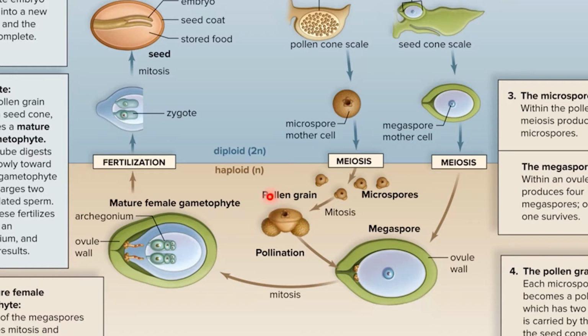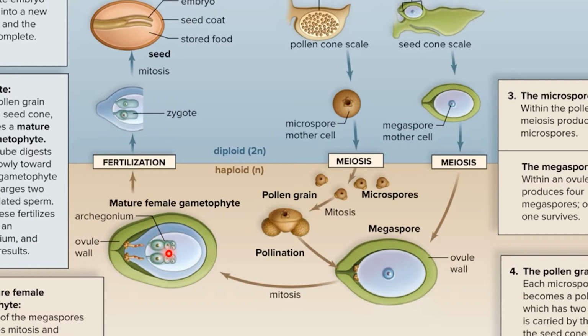The mature male gametophyte will attach to the megaspore, and a pollen tube will digest its way slowly to the female gametophyte right here. Once it reaches the female gametophyte, it will discharge two non-flagellated sperm and fertilize one egg cell.